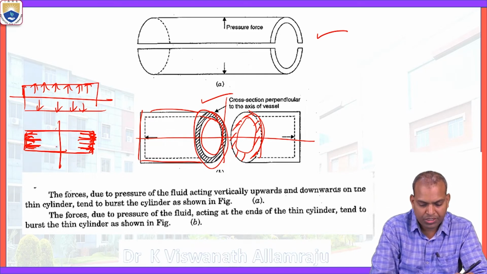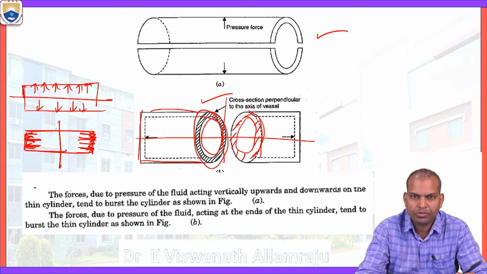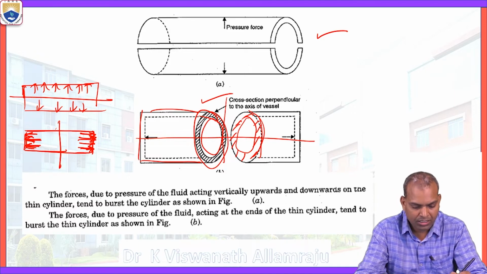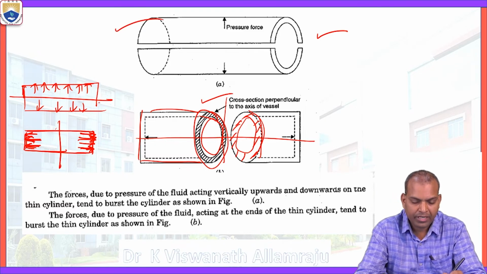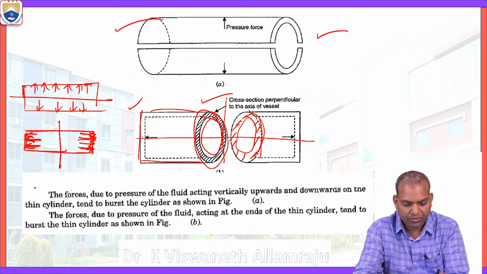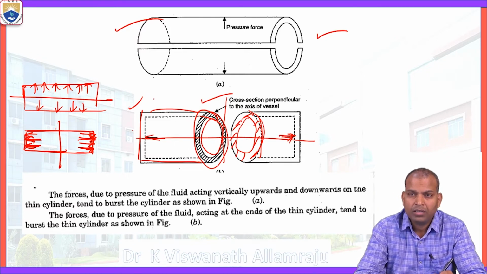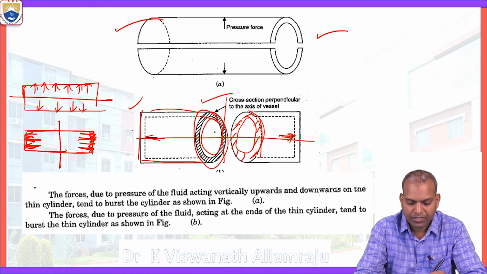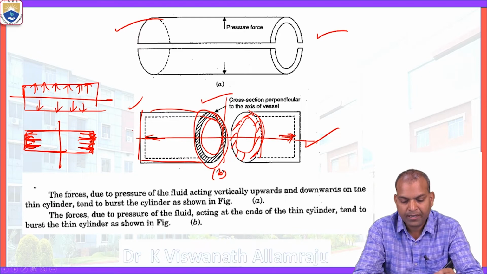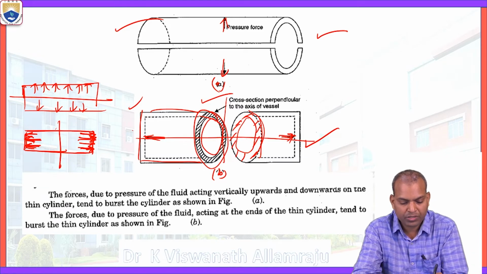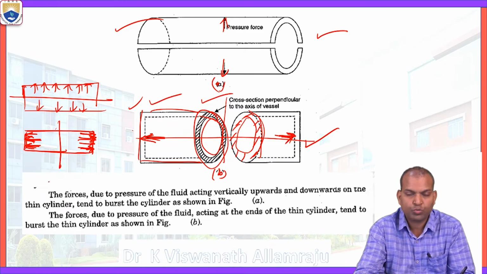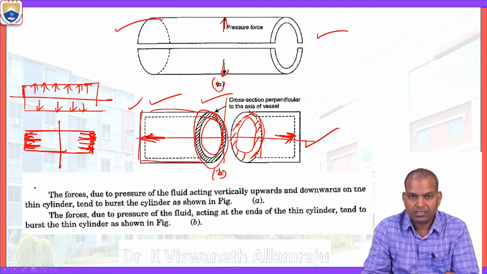Now the forces due to pressure of the fluid acting vertically upwards and downwards on the thin cylinder tend to burst the cylinder, as shown in figure A. And another failure is here: the forces due to pressure of the fluid acting at the ends of the thin cylinder tend to burst the thin cylinder as in figure B. When pressure acts in this direction, along the longitudinal direction, the failure is splitting. So under these cases, stresses will be developed.